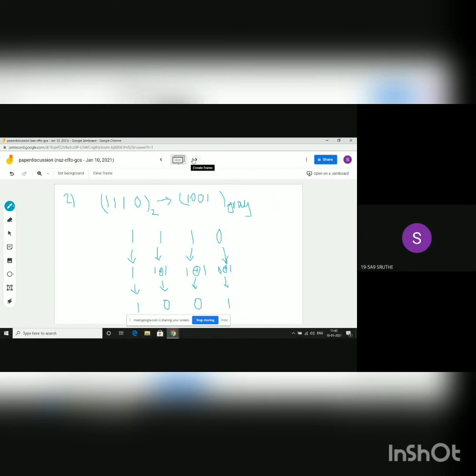For verification, there is a simple trick. To verify that we have converted the given binary number into the gray code correctly, there is a simple trick. The given binary number to us is 1110.